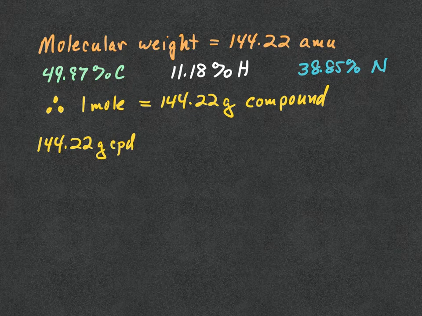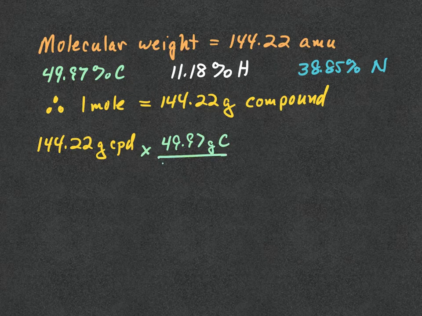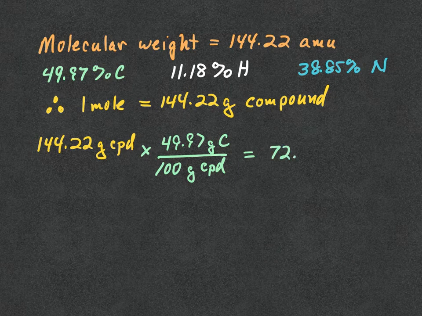and the percentage tells us that there's 49.97 grams of carbon for every 100 grams of the compound. And so we can use that to find that we have in a mole 72.067 grams of carbon, right?